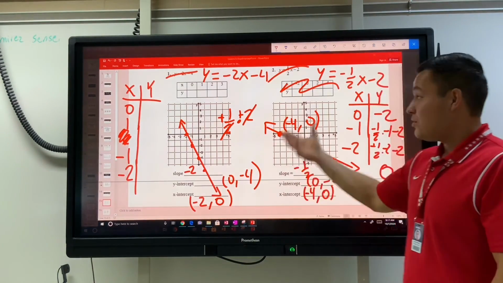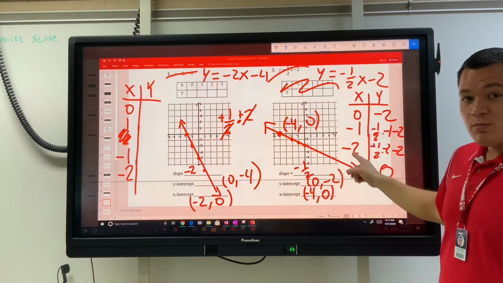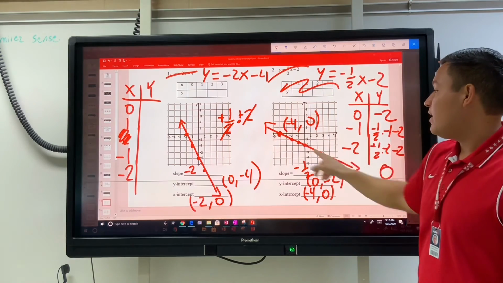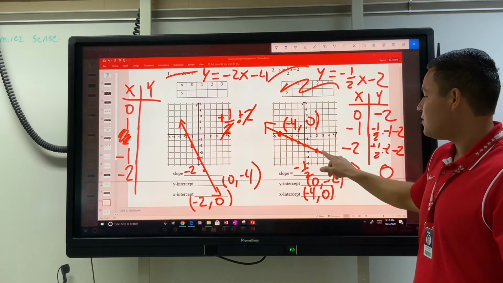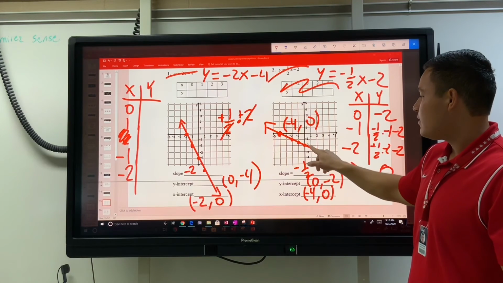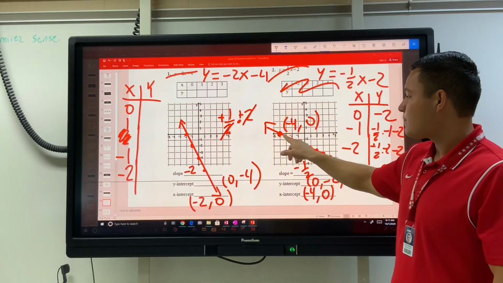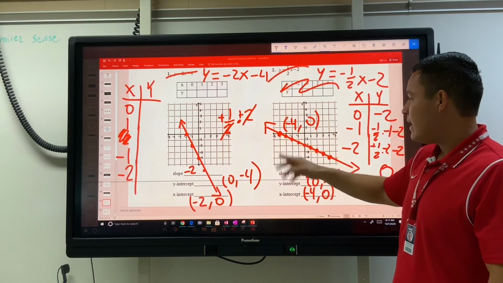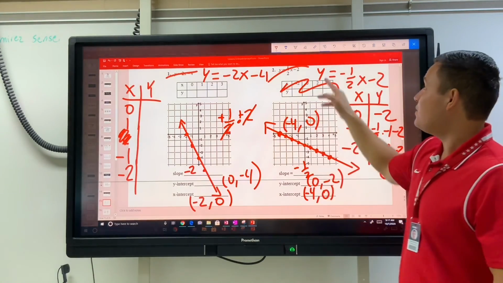So if you make your graph nice and neat, then once you do your 3 points, you can use your line that you drew to find any point that you want. And I only put the ones that were evenly in there, but you could do an infinite number.